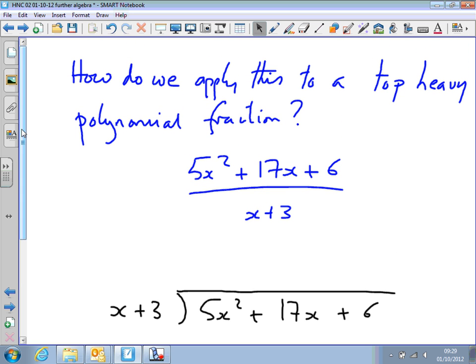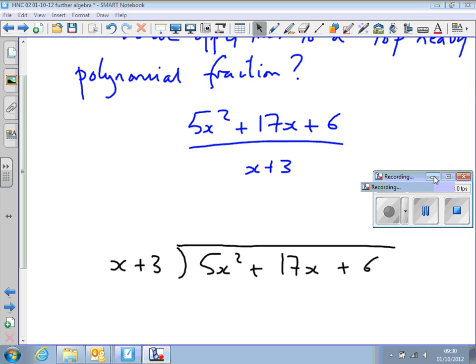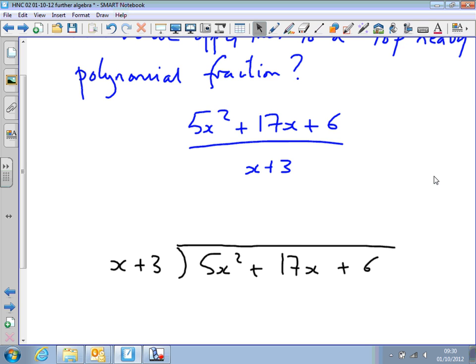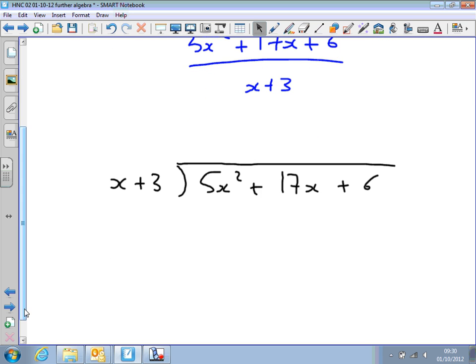Okay. Let's pause. Right, the key to these is we look at this first bit here, the 5x squared inside the dividend, and we look at the x bit, we focus on that. What have I got to times this x by to get 5x squared?